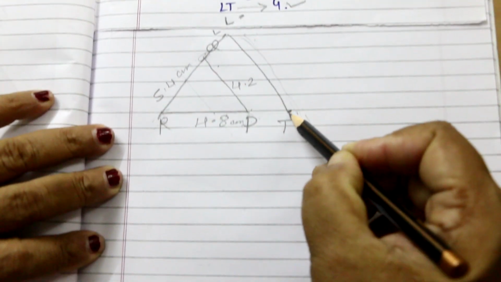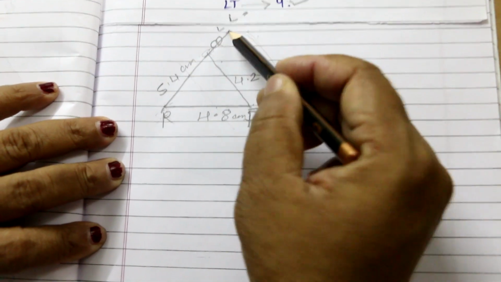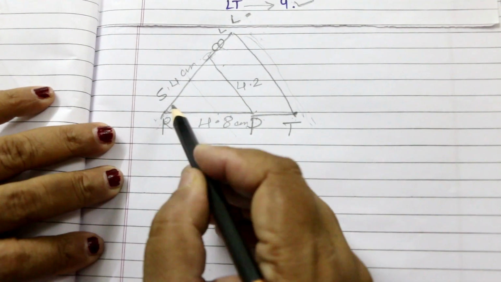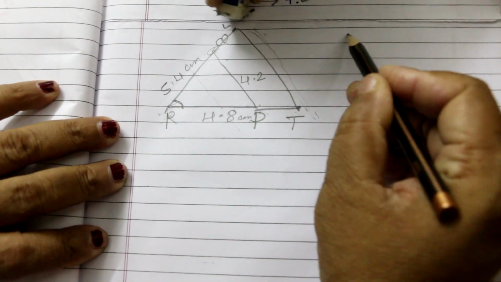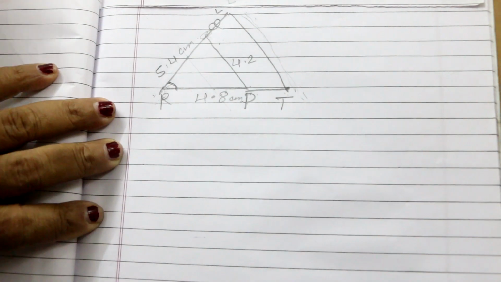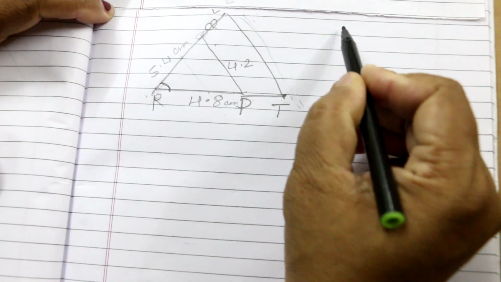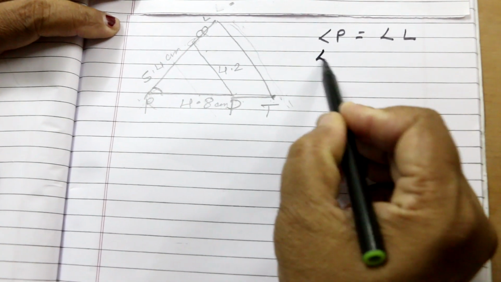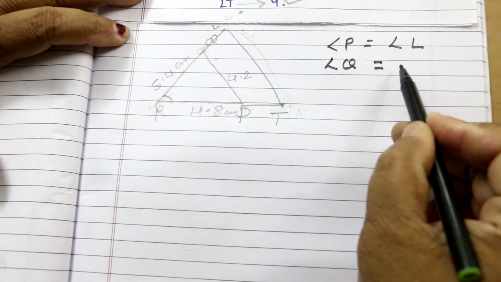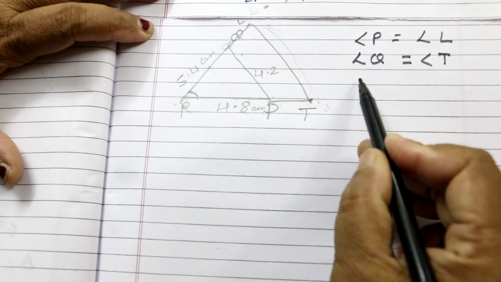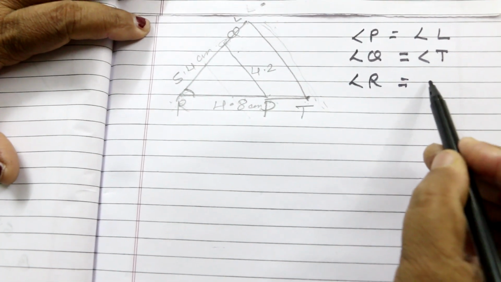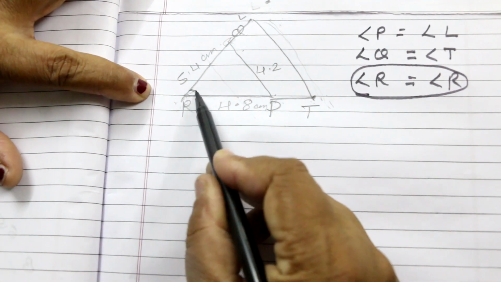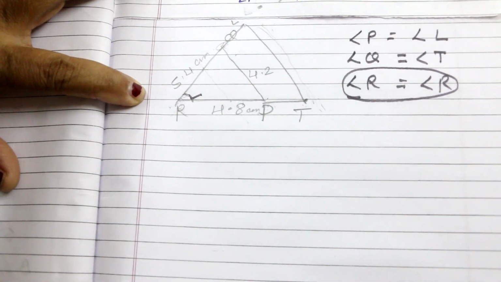So we have triangle LTR and triangle QPR, R is a common angle. We can say angle P is equal to angle L, angle Q is equal to angle T and angle R is equal to angle R. So this is the common angle, angle R. Let us do the construction, children.